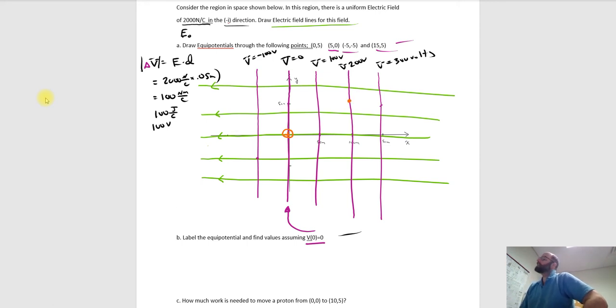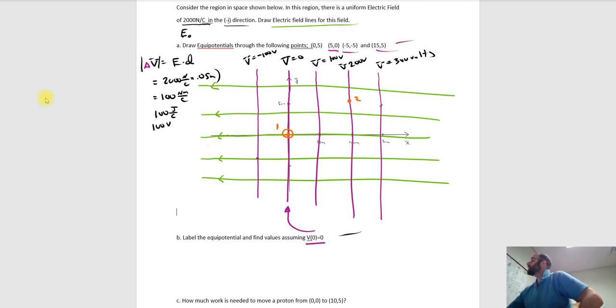Now, if we want to do that, we have to apply a force. Let's consider this from an energy standpoint. So let's call this position 1 and this position 2.